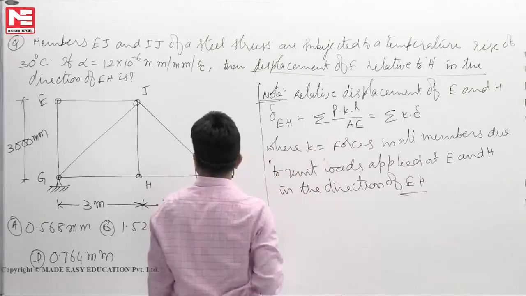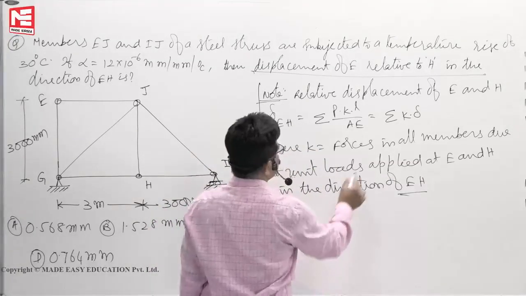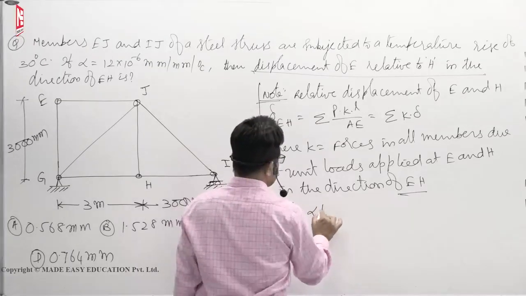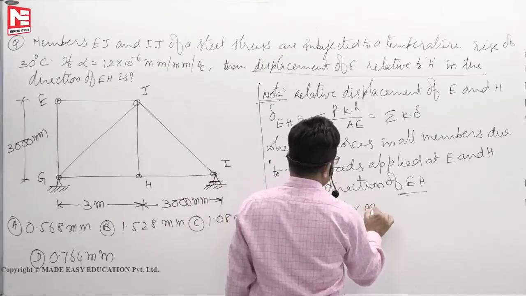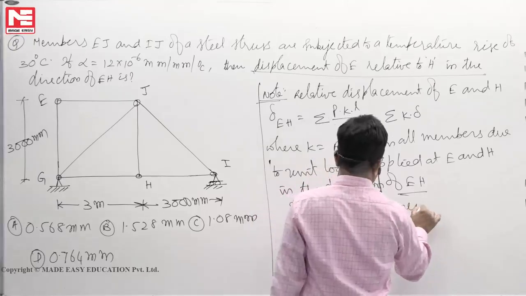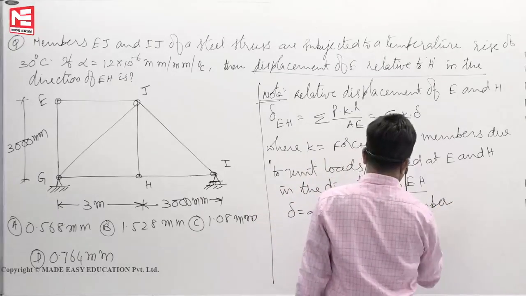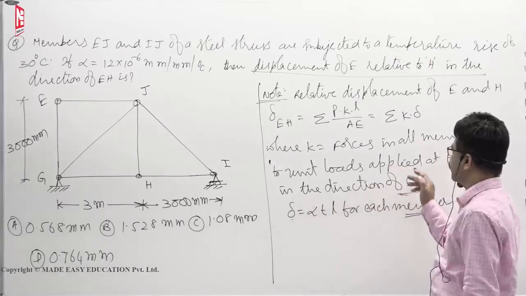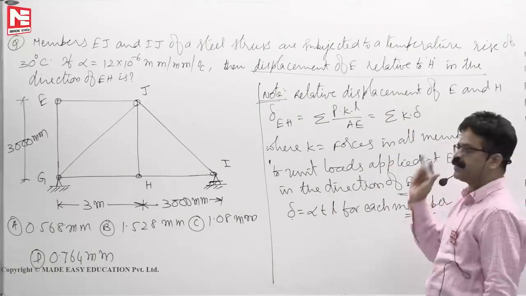So in the direction of EH. Delta values we have to find, where delta is equal to, in this case, alpha TL for each member. So your first step is delta, second step is K, third step is multiplication.